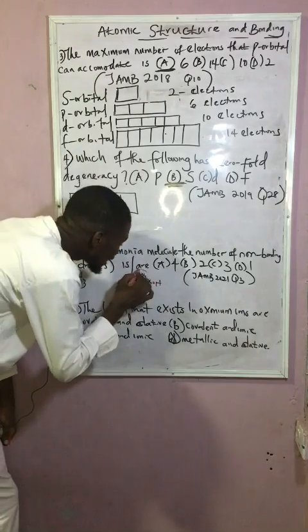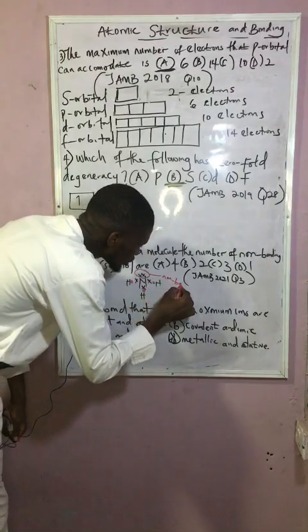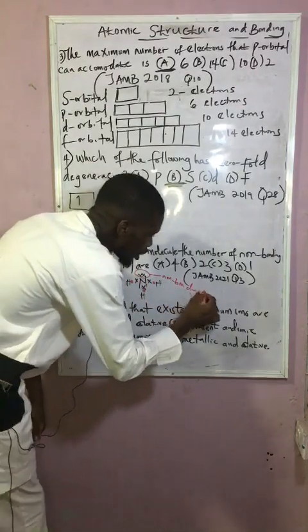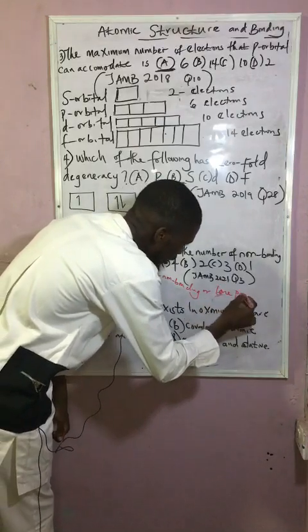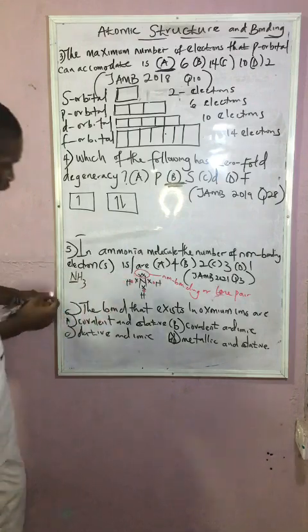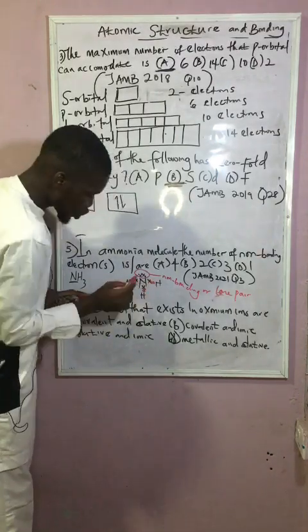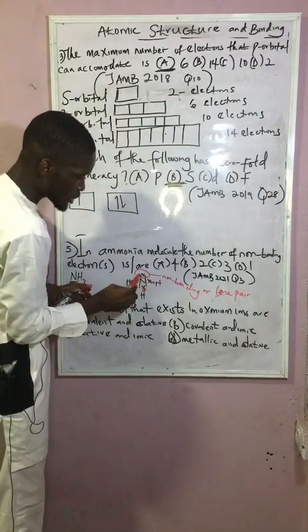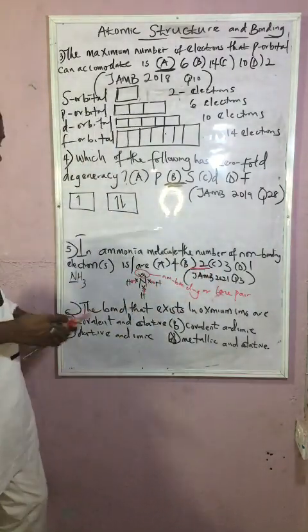So the non-bonding, or you call it lone pair, is this. So how many non-bonding do you have here? You can see now, when this one combines to this, it is a bond, this combines to this, so the non-bonding is what, class? 1, 2, which is this. B is the answer.